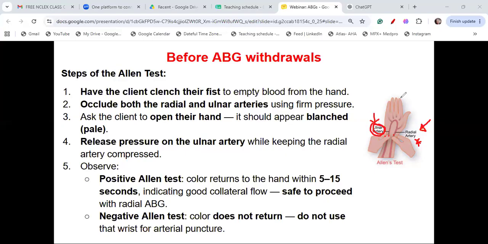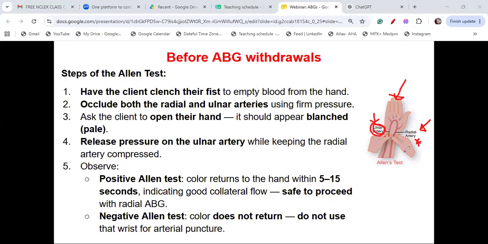Remember we said the moment the client releases, the hand is pale, it is blanched. By the time you release the ulnar compression, if you find that the hand regains its color within 5 to 15 seconds, then it indicates that you can go ahead and do your ABG from the radial artery. But it is negative when the color does not return.